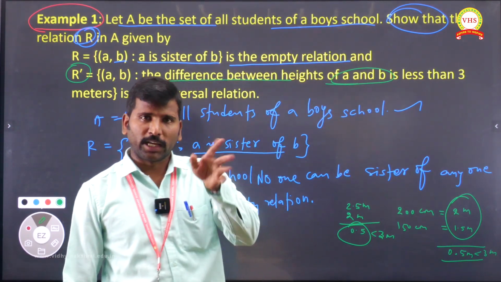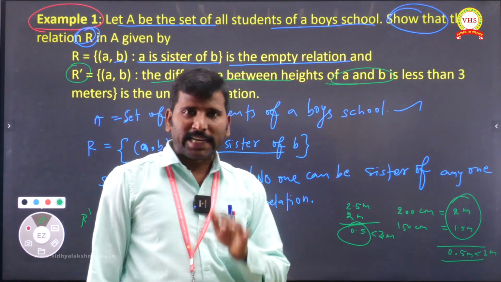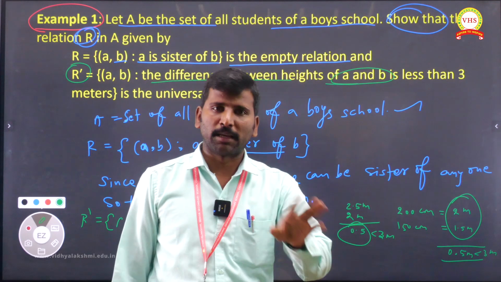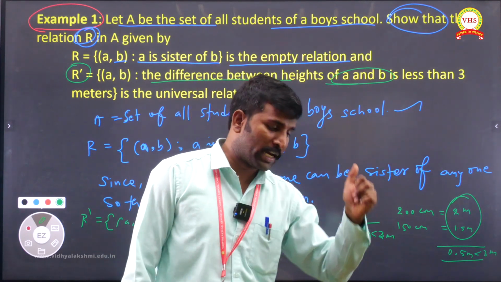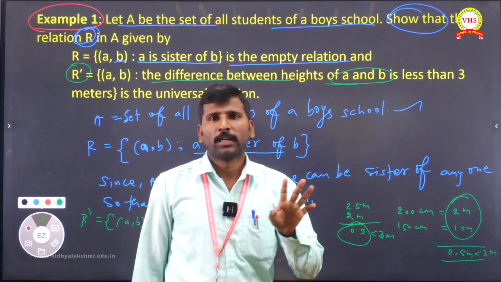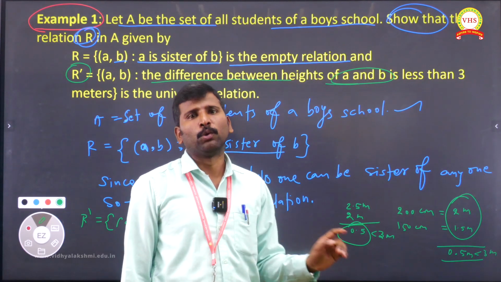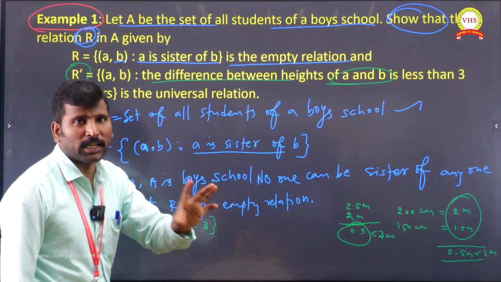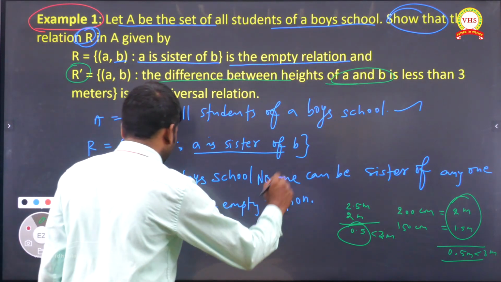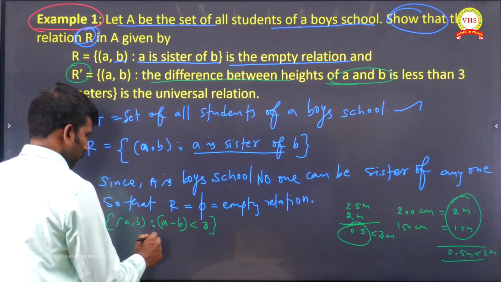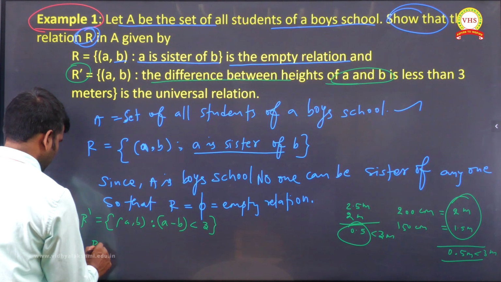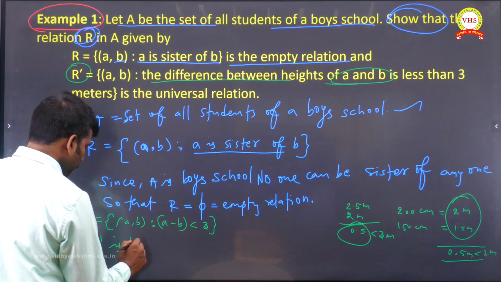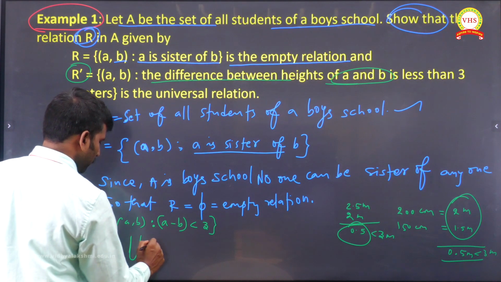Any students you take from the school, their height difference will be less than 3 meter. So this will be a universal relation. So obviously you can write directly: R dash is a universal relation.